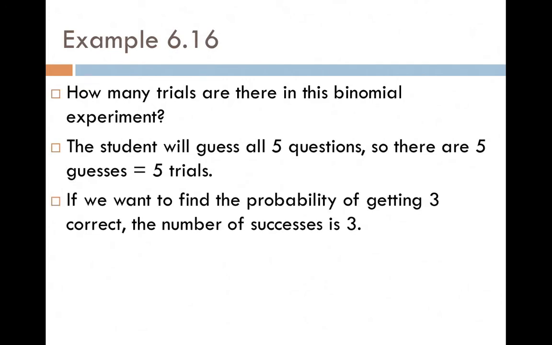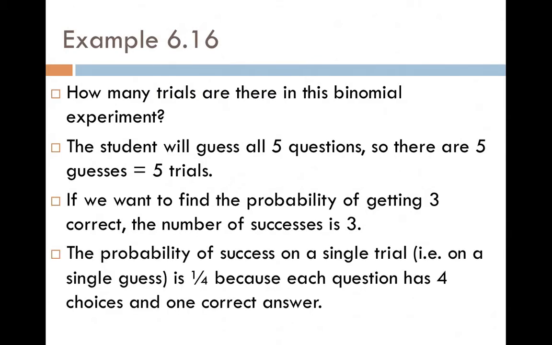If we want to find the probability of getting 3 correct, the number of successes is 3. And if we want to find the probability of getting all 5 correct, the number of successes would be 5. The probability of success on a single trial, which means what's the probability that a student guesses correctly on a single question?